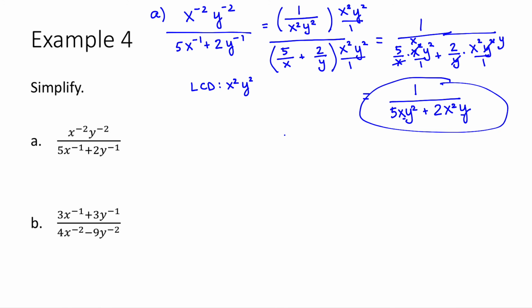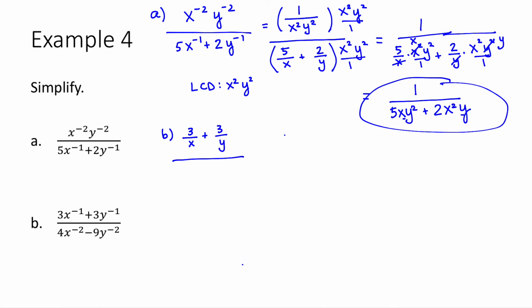All right, one more problem. Here I have 3x to the negative 1. I'm going to go ahead and just rewrite that as 3 over x. Plus 3y to the negative 1. So I'm going to make that 3 over y.